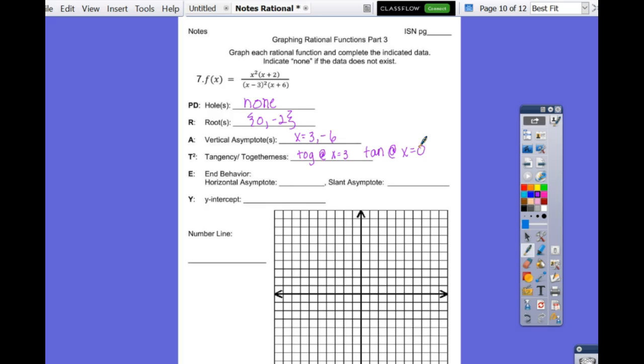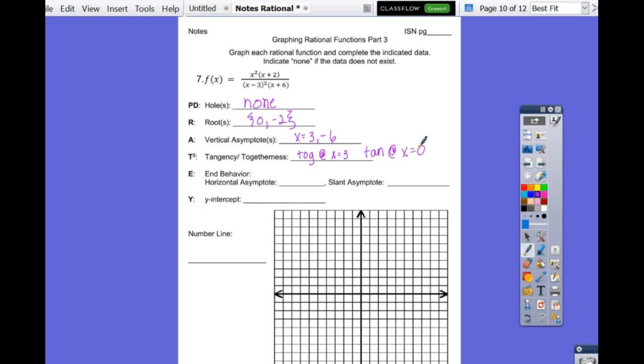So when we sketched the polynomials before, and we had a 2, what did we do on the graph? We touched, right? That's what a tangency is. Tangency is a touch or a bump, however you want to think about it, but we're going to touch the number line and go. So we're either going to touch and go back to positive or touch and go back to negative at 0.